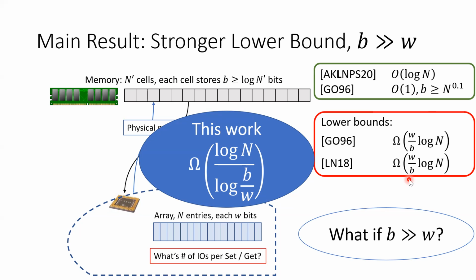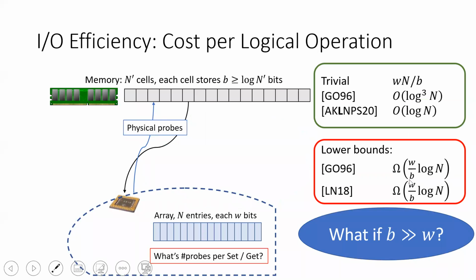The first thing is about the efficiency metric. In the efficiency metric here, we focus on the IO efficiency. That's the number of probes we touched the physical memory.